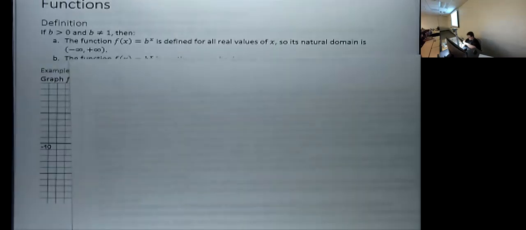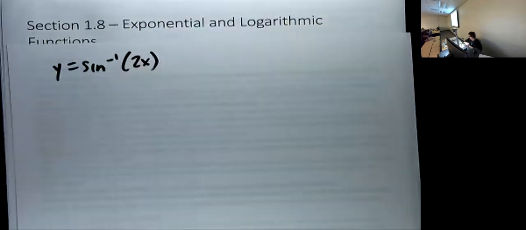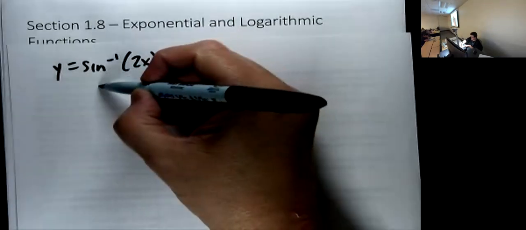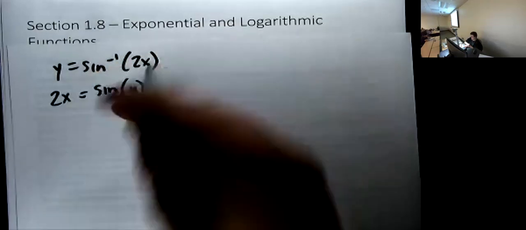Let's say we have y equals sine inverse of 2x. So swapping these, the equivalent of this for sine would be sine y, and the left side is 2x.